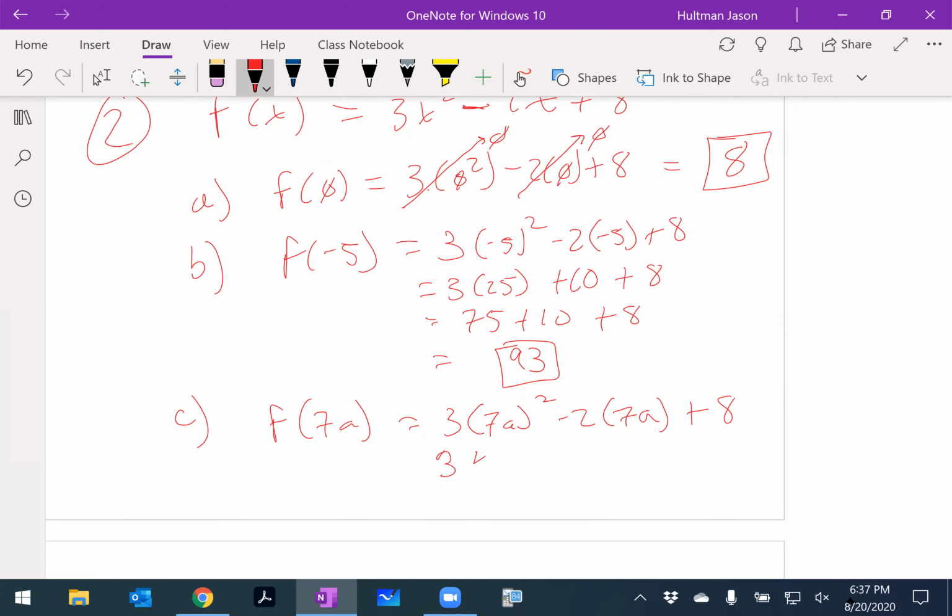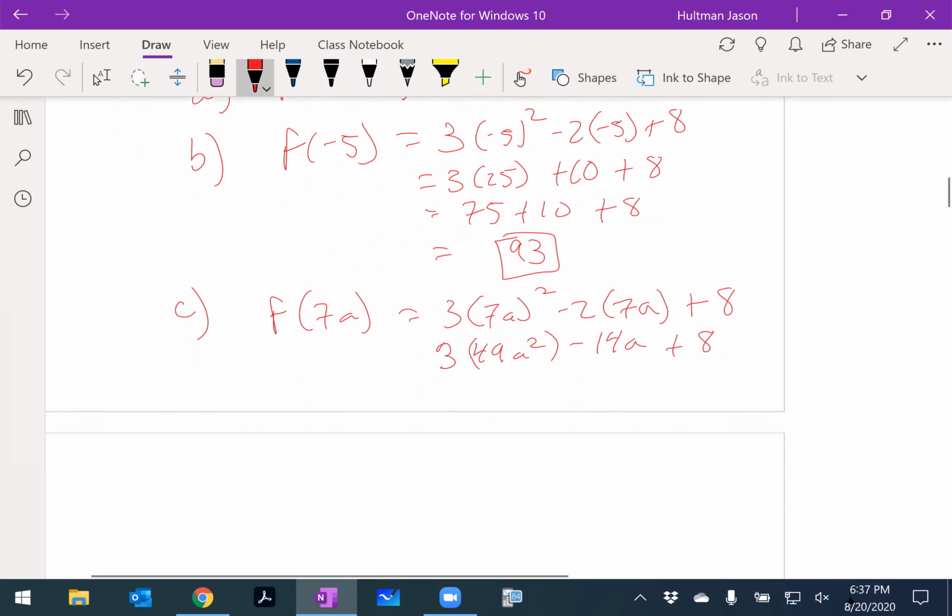So this is 3 times 49a squared minus 14a plus 8. 3 times 49 is 150 minus 3, which is 147. So 147a squared minus 14a plus 8. That's what that is.